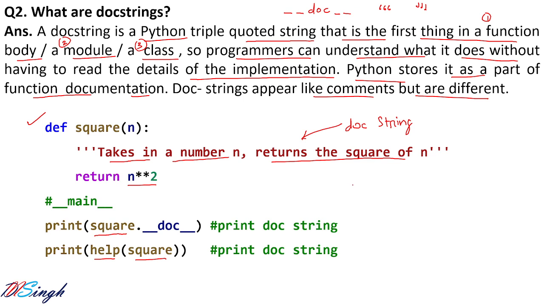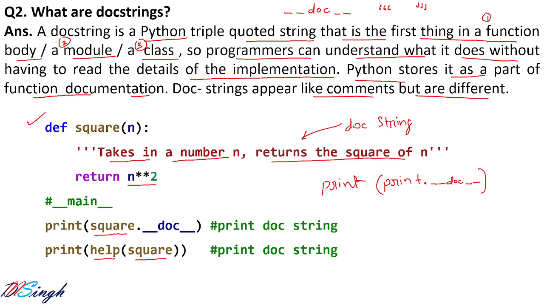Like if you want to know about the print function, a lot of things are done by the print function. So if I do print.__doc__, what will happen? This can print everything about the print function implementation.